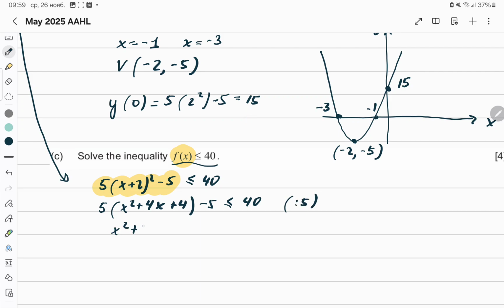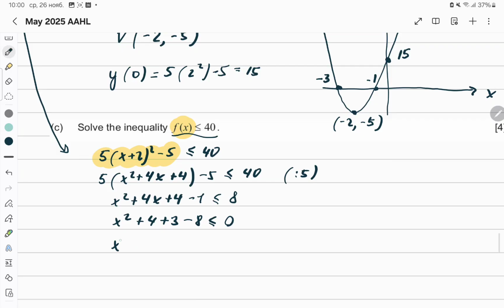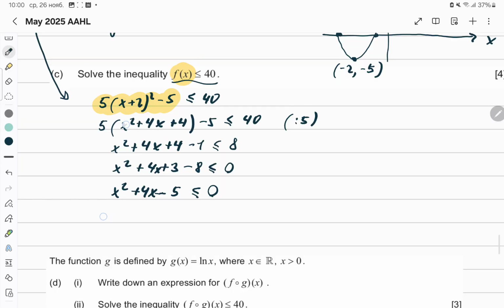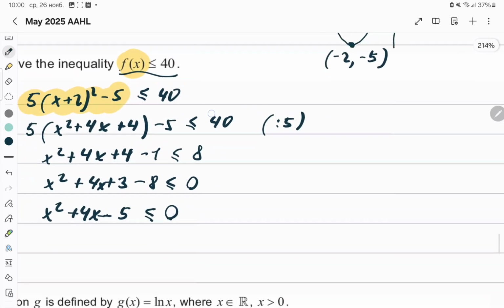Probably it's a good time to divide everything by 5, right? So we have x squared plus 4x plus 4 minus 1 less or equal than 8. So x squared plus 4x plus 3 minus 8 is less or equal than 0 now, yeah? Okay, x squared plus 4x minus 5 is less or equal than 0. And now we are finding the zeros, our usual inequality.